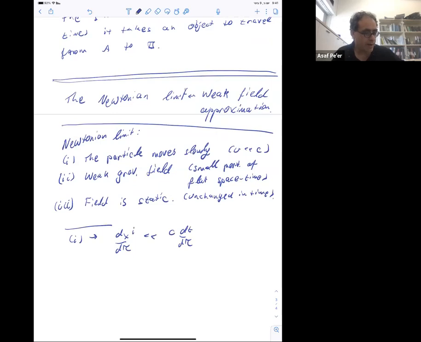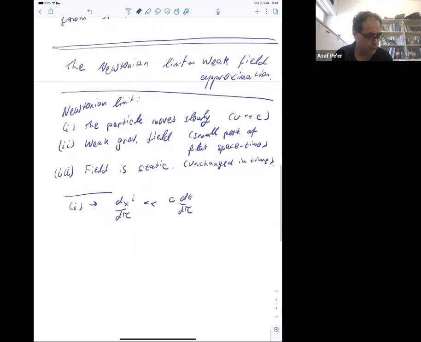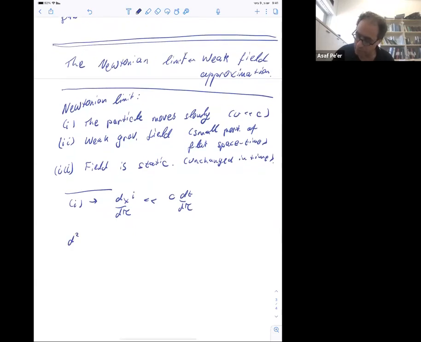So if I look back at the geodesic equation, I can write it as d²x^μ/dτ² plus Γ^μ_αβ dx^α/dτ dx^β/dτ is equal to 0. This is the geodesic equation.